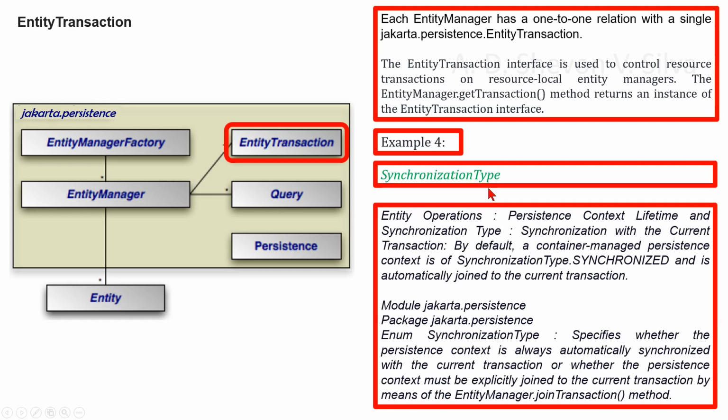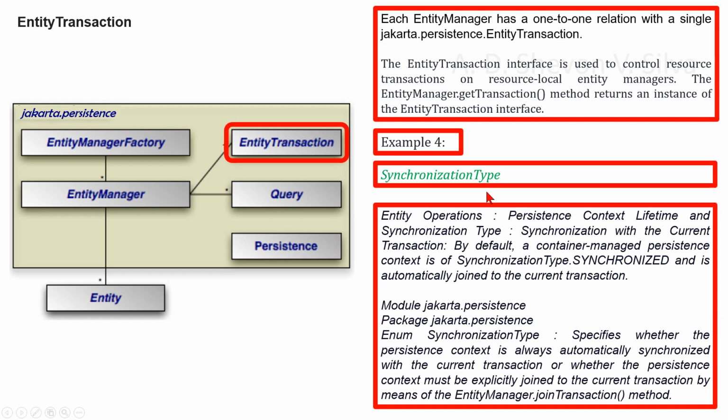Now we are considering persistence context lifetime and synchronization type in entity operations, specifically synchronization with the current transaction. By default, the container-managed persistence context is of synchronization type SYNCHRONIZED and is automatically joined to the current transaction.